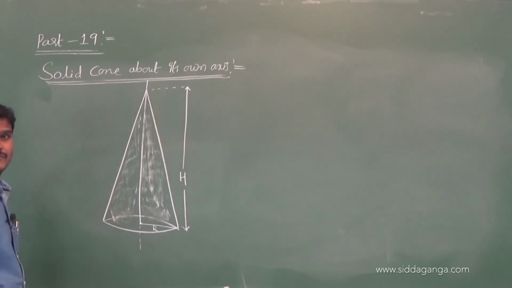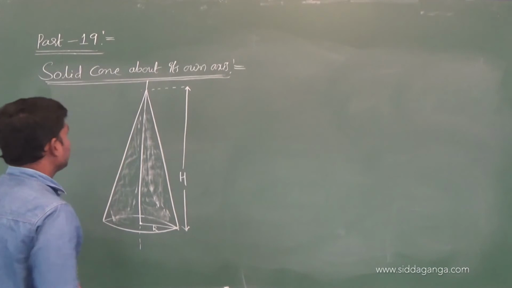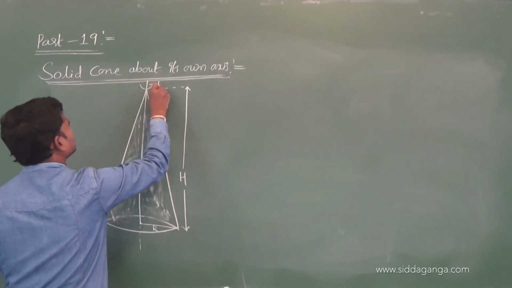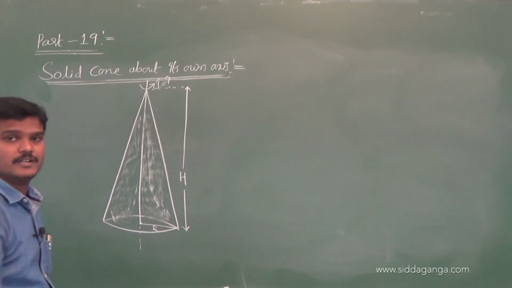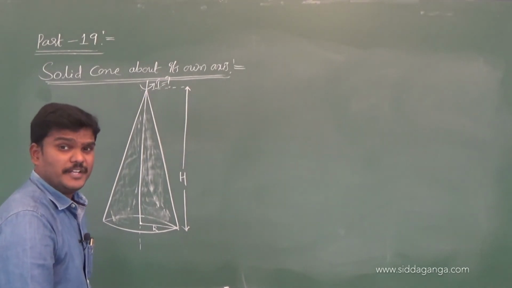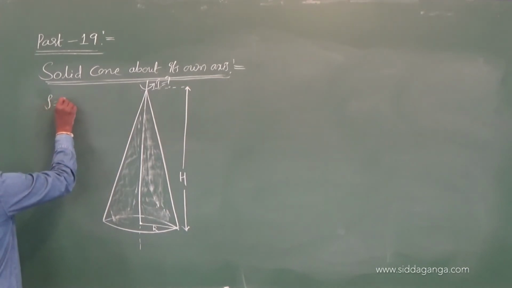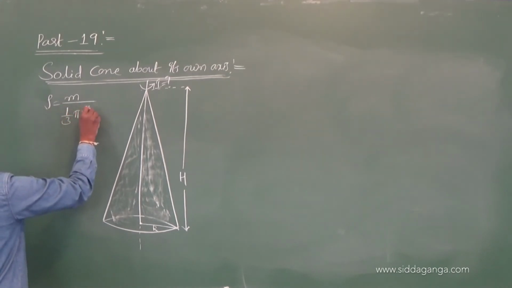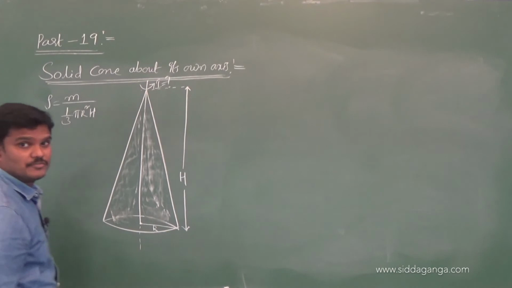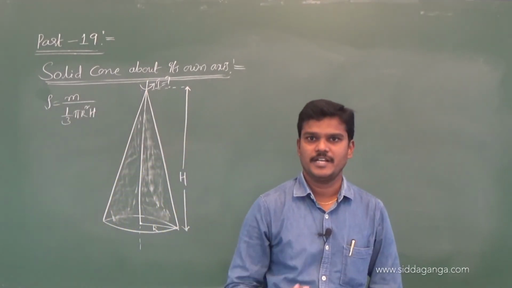Now let us see how to find the moment of inertia about this axis. About this axis is our target. The volume of the cone is 1 by 3 pi r square h.